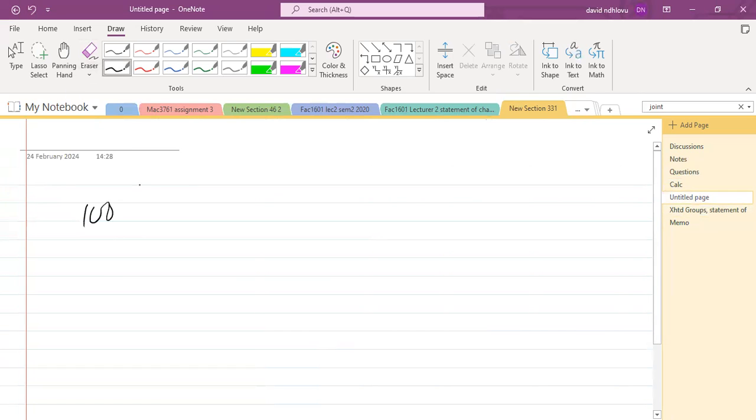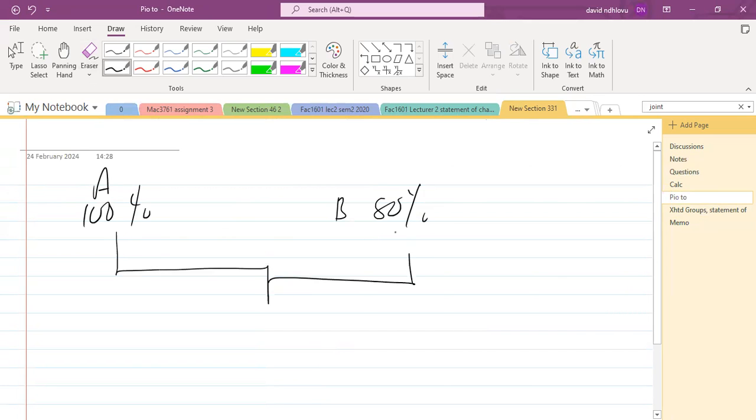If I have a company A Limited and I own 100%, and there's another company B Limited, in which case I own 80%, it means that I need to combine 100% of my shareholding and 80% of the subsidiary shareholding to determine my total value of what I have between the two companies.